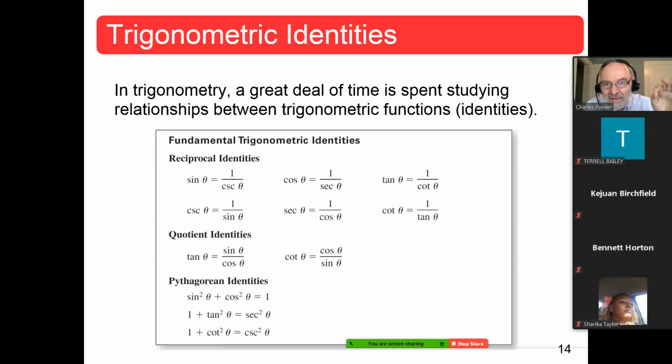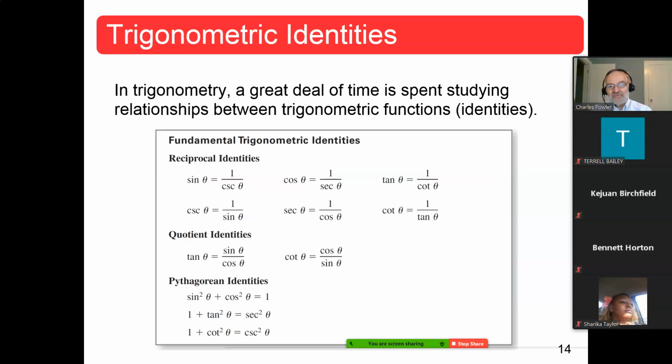In trigonometry, a great deal of time is spent studying relationships between trigonometric functions, and those relationships are often identities. We used them in 4.2. We're using them in 4.3. We'll use them over and over again. Entire chapter 5 just about is going to be dealing with using identities.